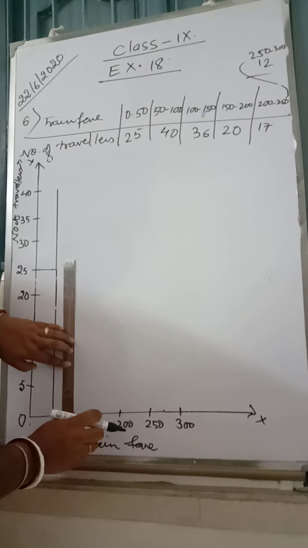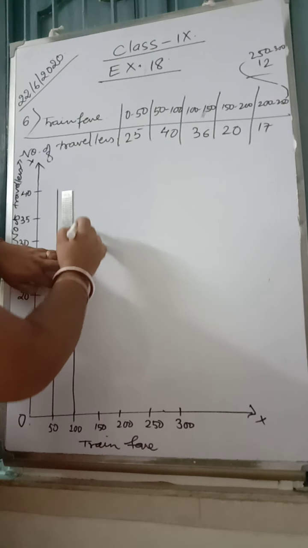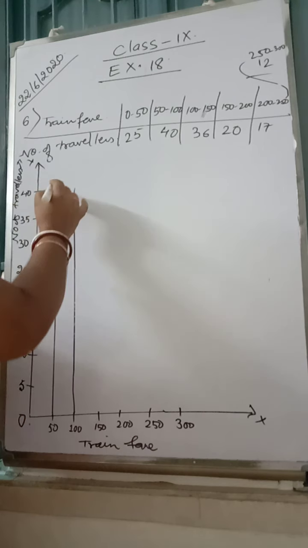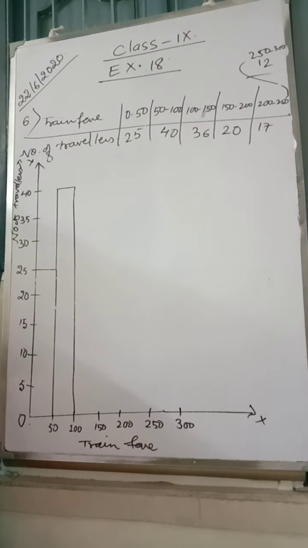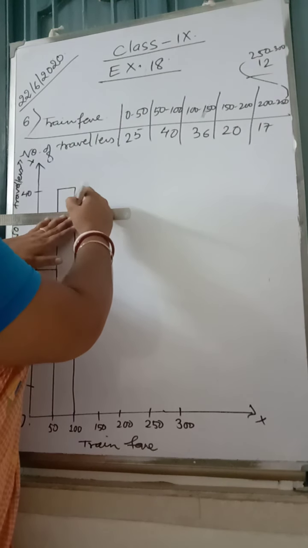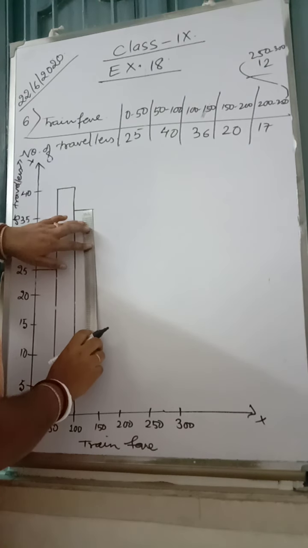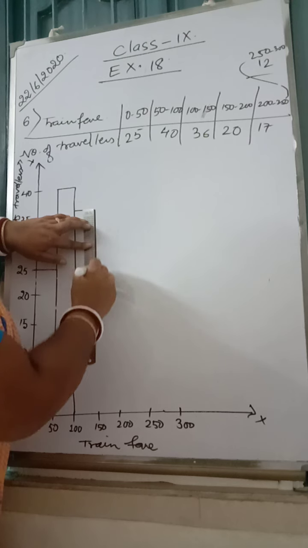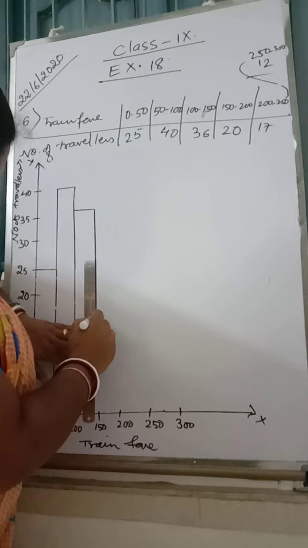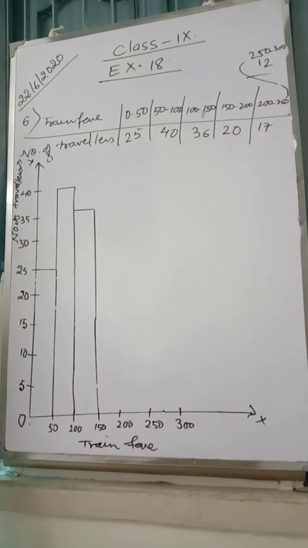Then from 100 we are going to take the bar up to 40. Then we have 36, so this will be somewhere here, up to 150. Thirty-six.